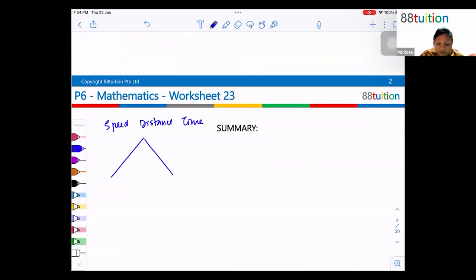If we were to use the speed, distance, time formula triangle, this triangle is very useful so that you don't have to remember the formula. This line refers to divide, and this is multiply.